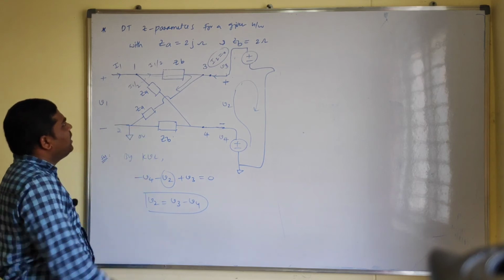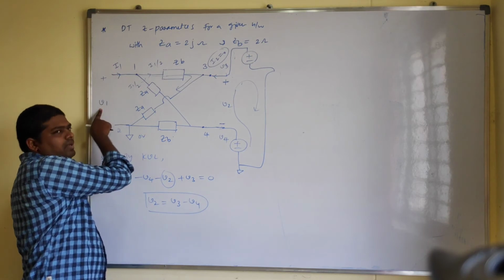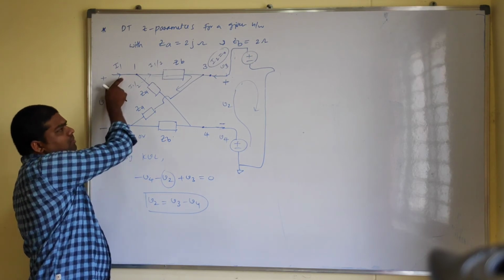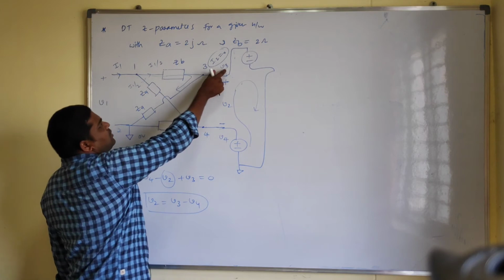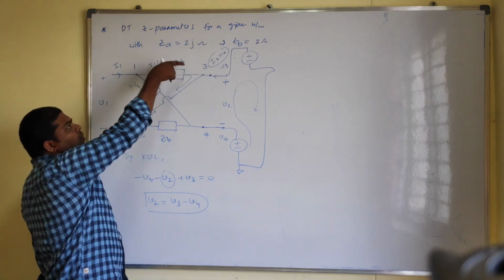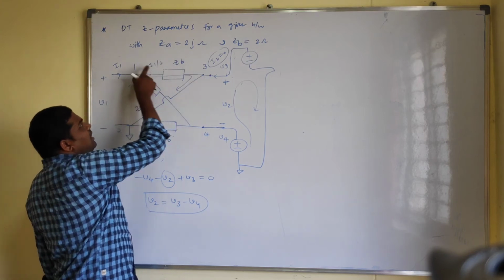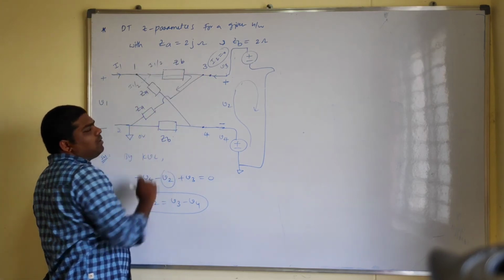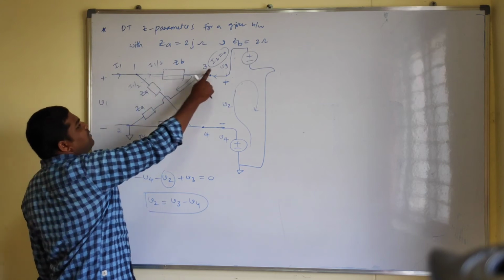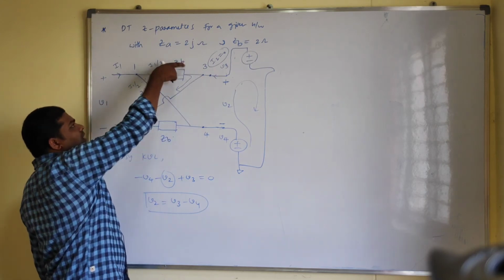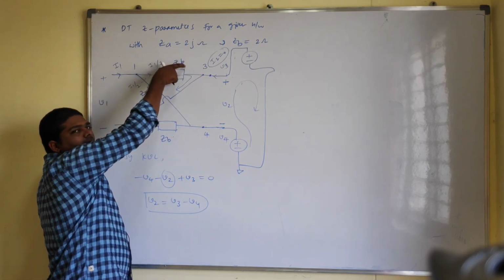Here this terminal is connected to V1, and here we have some voltage drop, V3. If you want to calculate the voltage drop across this branch, you take the difference between these two terminal voltages, that means V1 minus V3 gives the drop across this particular branch.